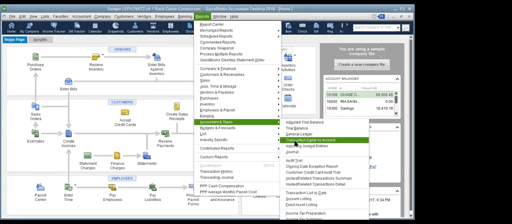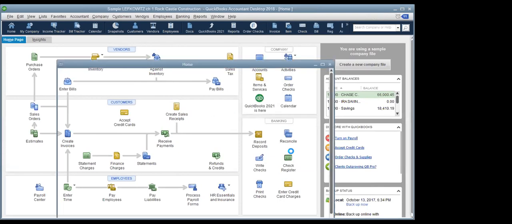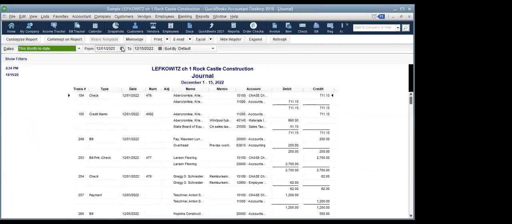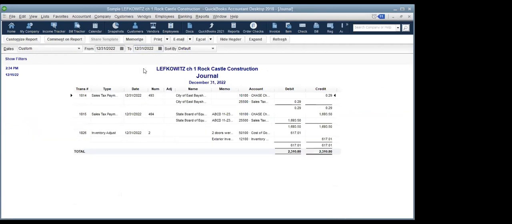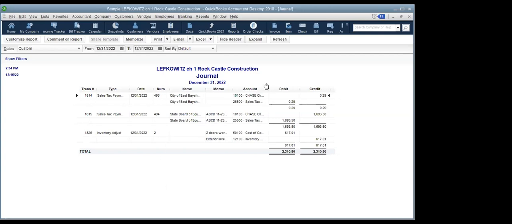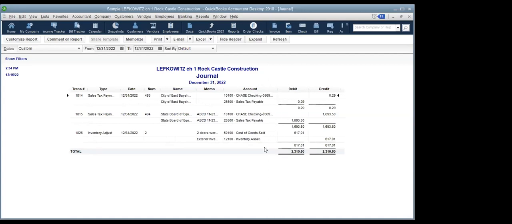Accountant and taxes, journal. And right now I just want December 31, one day, to show you December 31. On December 31, I also paid taxes, but that's not important. So you have your cost of goods sold and inventory. I'm going to try to stretch this and close this. So this is a journal entry I just did.